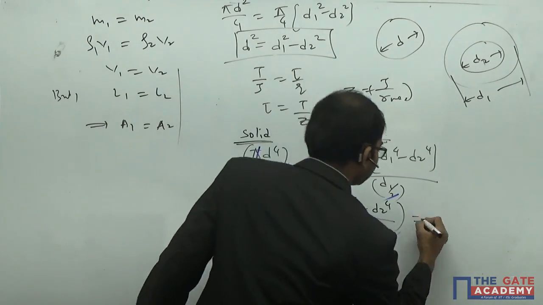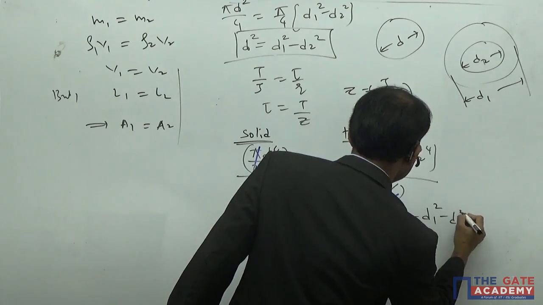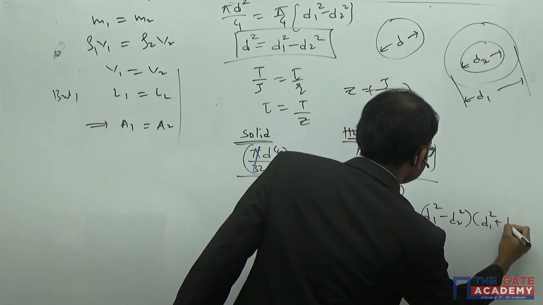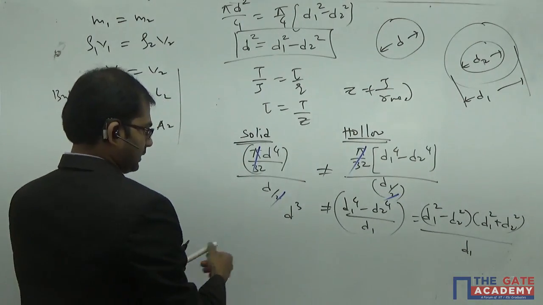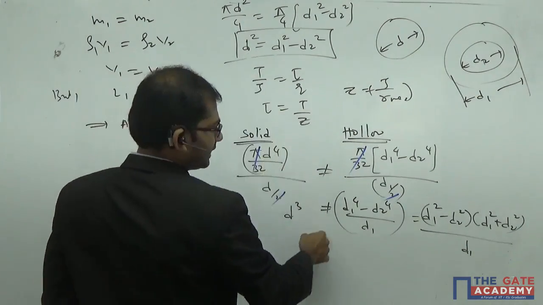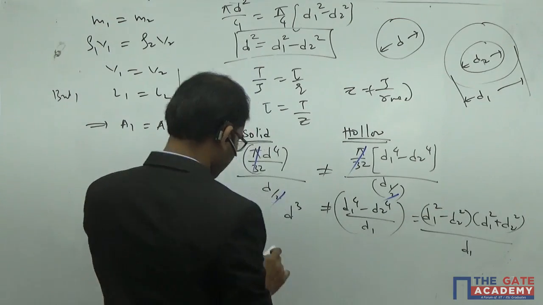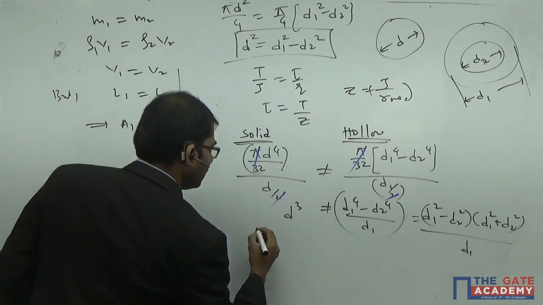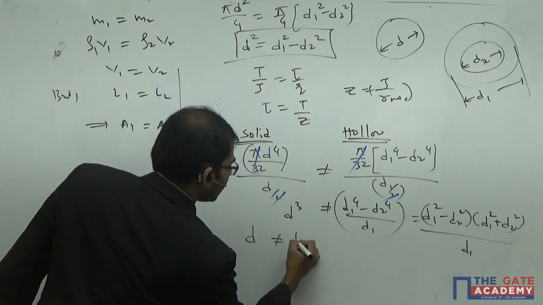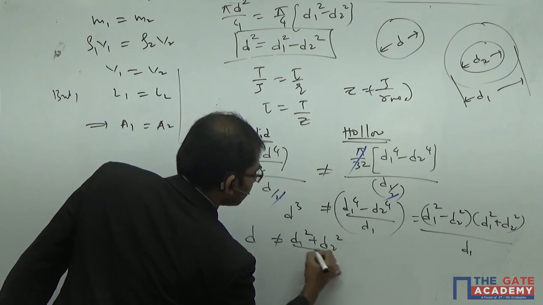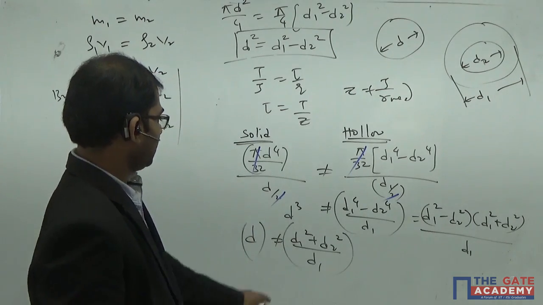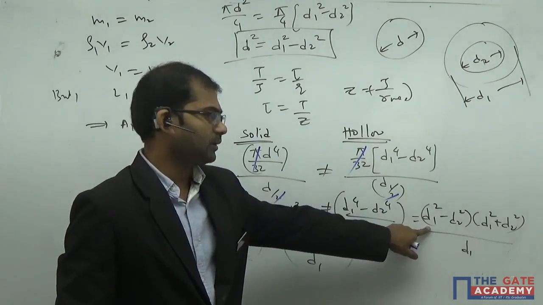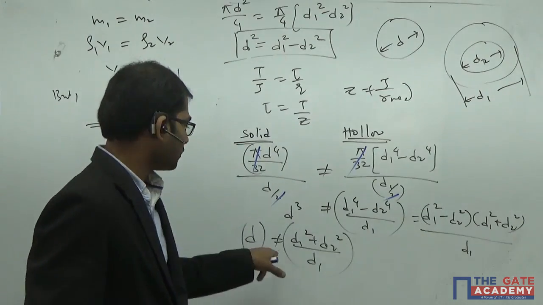So this I can write as d1 square minus d2 square whole into d1 square plus d2 square whole by d1. So d square will be getting cancelled with d1 square minus d2 square here. So d is not equal to d1 square plus d2 square whole by d1. You get this relation here.